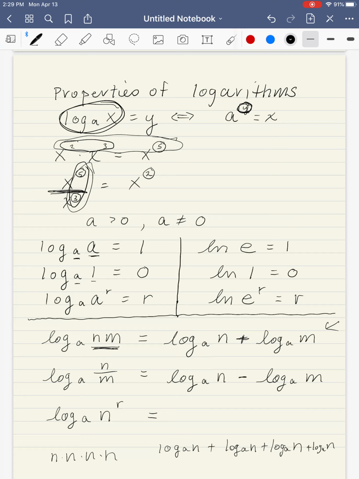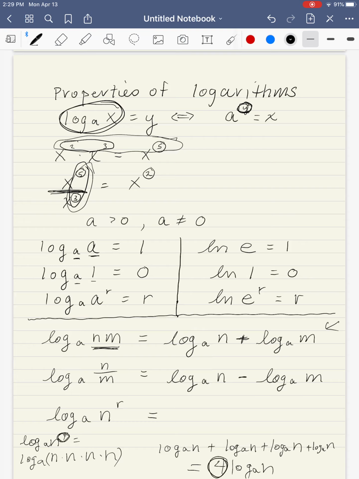So if I have the logarithm base a of n added to itself 4 times, that becomes 4 times the logarithm base a of n. So what we see here is that if I had the logarithm base a of n to the 4th power, that's the same thing as the logarithm base a of n times itself 4 times.